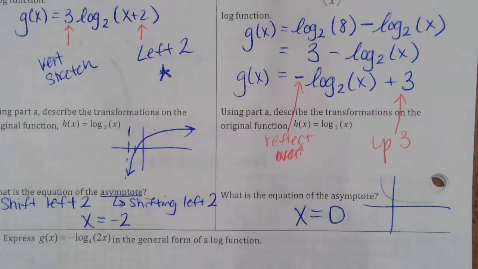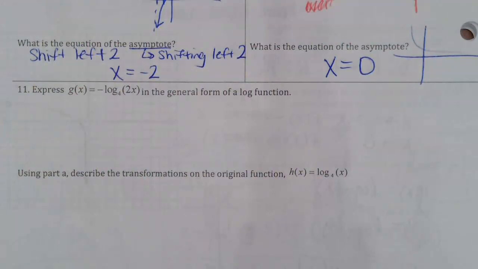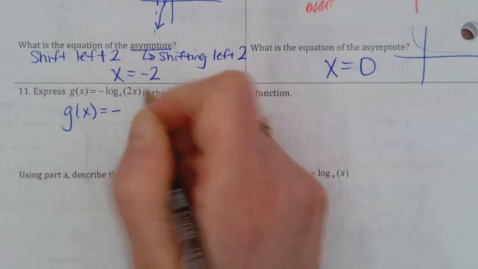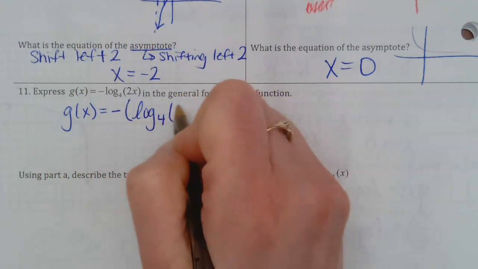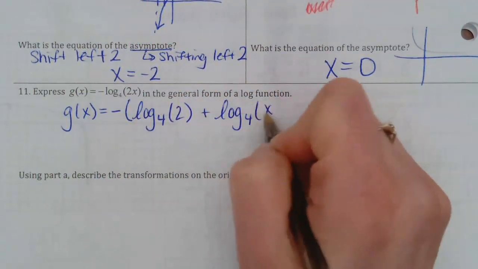All right, and last but not least, in general form, so we are going to expand to the best of our abilities. So we have negative parenthesis log base 4 of 2 plus log base 4 of x.